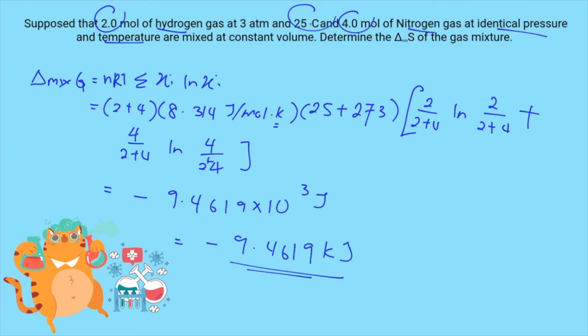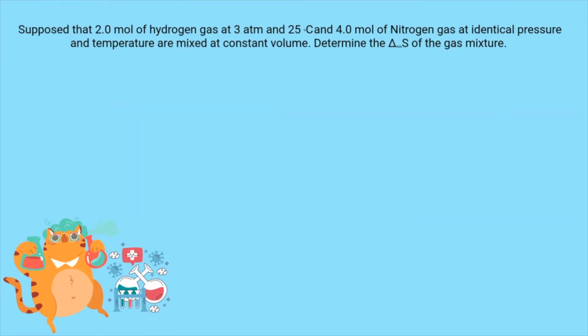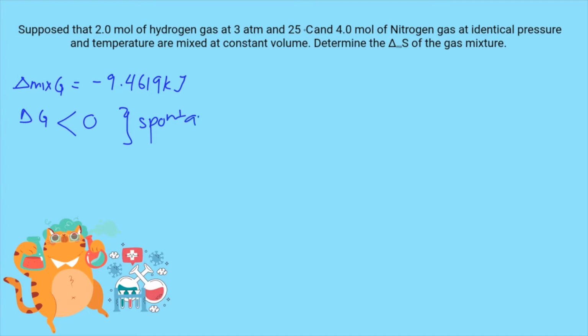So this is the first step, which is the value of delta mix G. From the calculation that we have done, we can see that your delta mix G is equivalent to negative 9.4619 kilojoule. So you can say that your delta mix G or delta G is less than 0. Hence, this is a spontaneous reaction, because of the value of delta G.